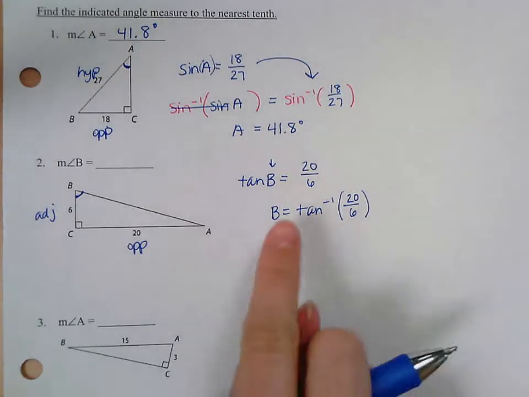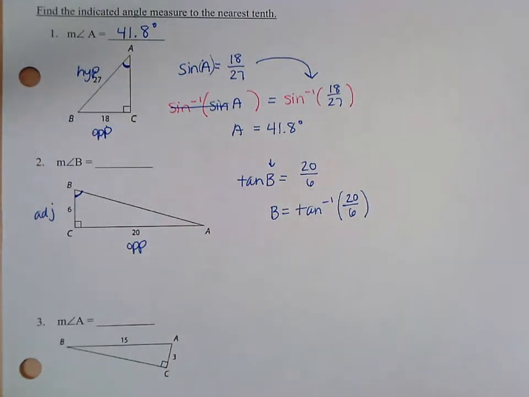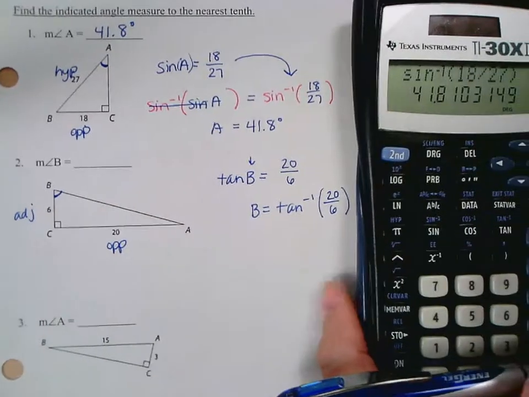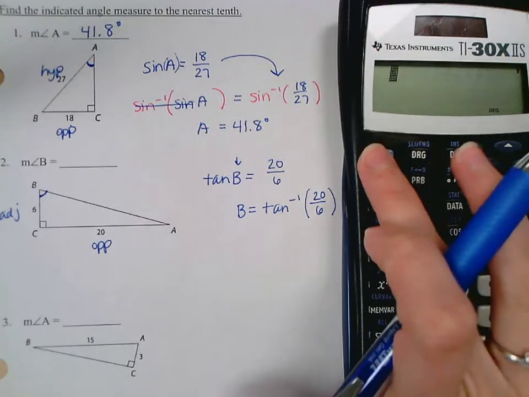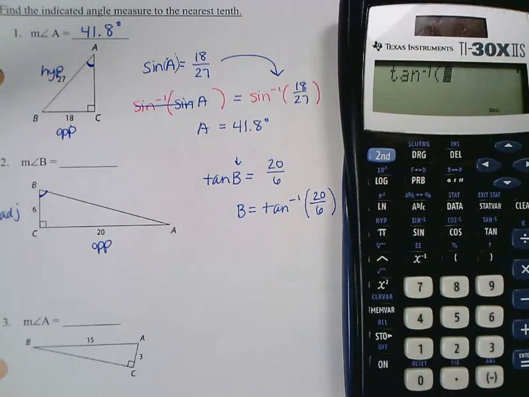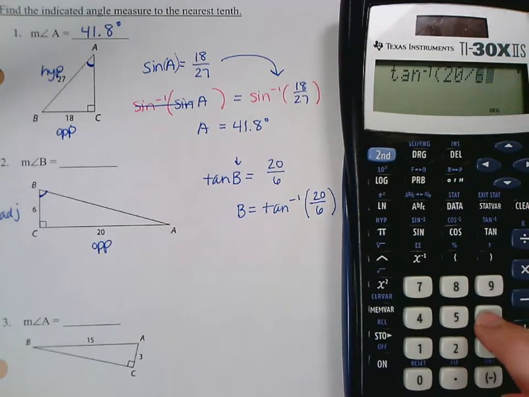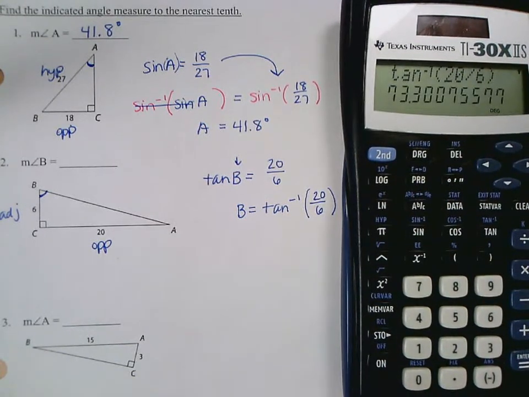Because again, I'm really taking inverse tangent of both sides, which is canceling out the tangent. I do second tangent of 20 divided by 6, close the parentheses, hit enter, and it should be approximately 73.3 degrees.